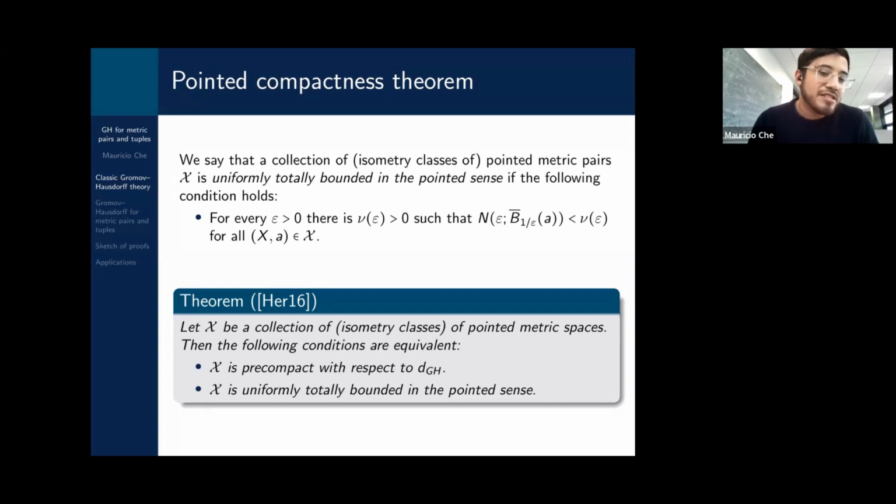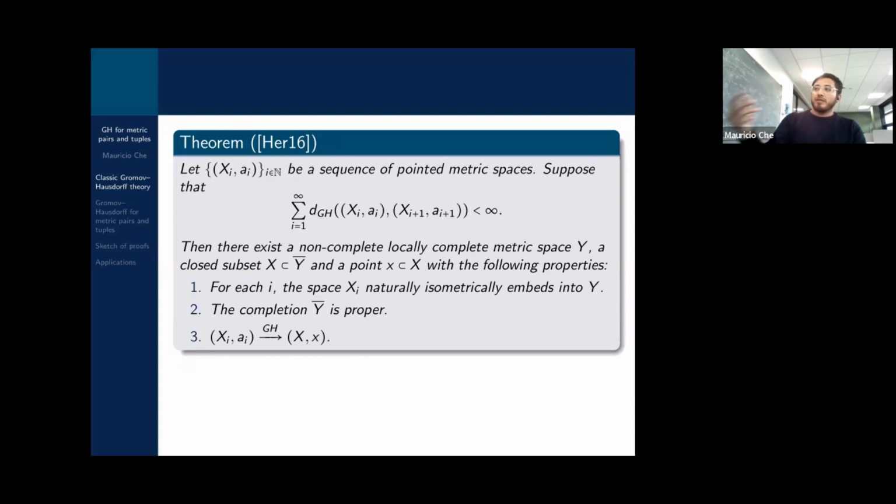Actually, I would like to mention now a couple of results that imply the compactness theorem. The first one is that whenever we have a sequence of metric spaces that satisfies a certain condition, like this one, then that sequence converges to something, and we can realize the convergence of such a sequence inside some larger space.